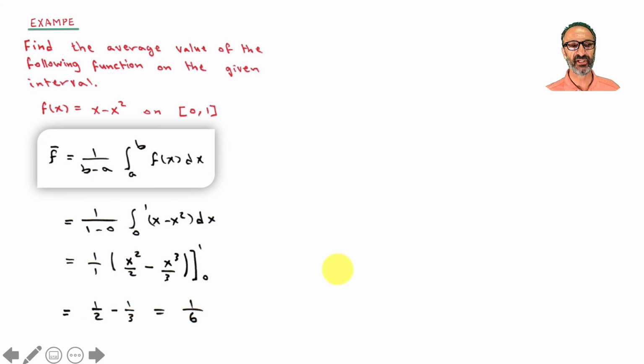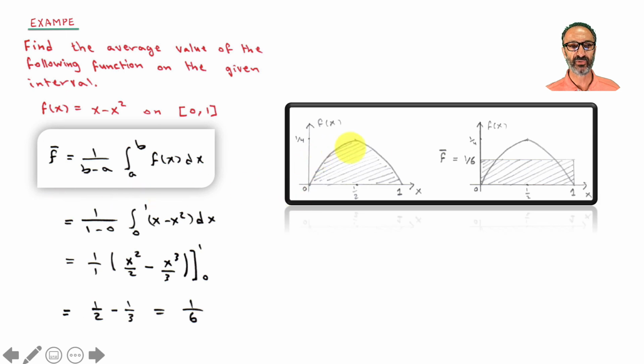Now let me support that by understanding also what is happening with this problem as a concept, as a graph. This is what we have. If you graph this and you factor it, you know the x-intercepts, and you know it's an upside down parabola and so on. They want me to go from 0 to 1. Those are my x-intercepts. Integrating from 0 to 1 will give you this whole area, called net area.